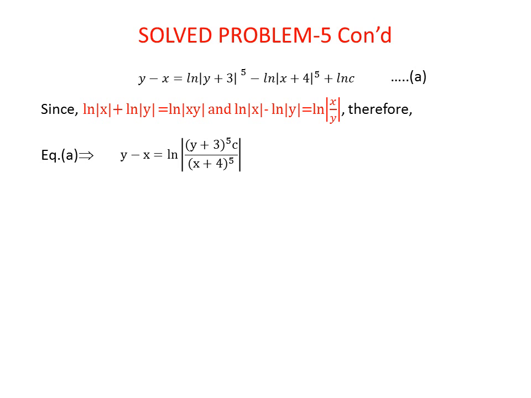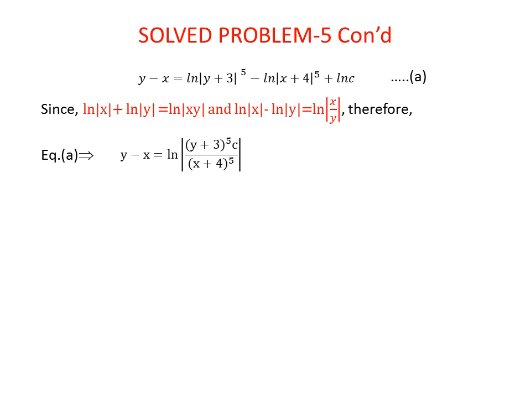See, on the right hand side of equation A there are three terms. The first term and second term are subtracting, the first term and third term are adding. So according to the rule, whenever we add two logarithm terms, we can multiply the arguments of the logarithm.